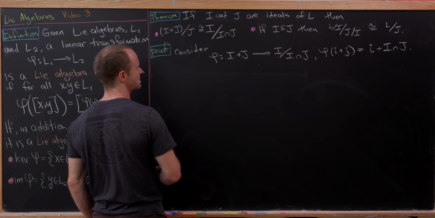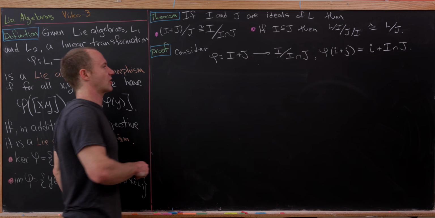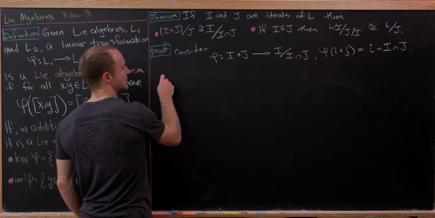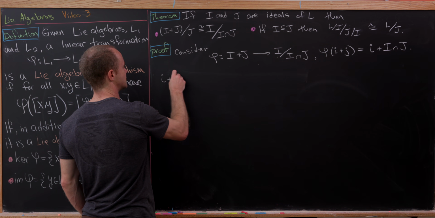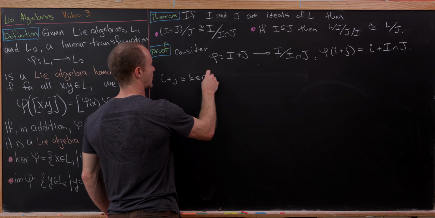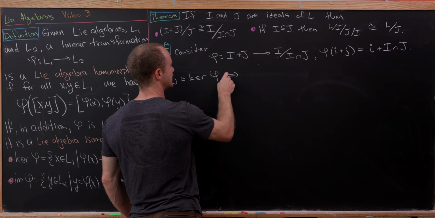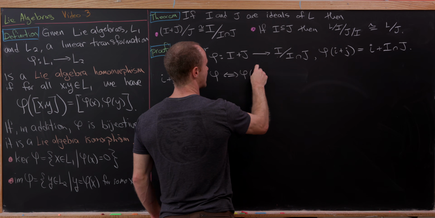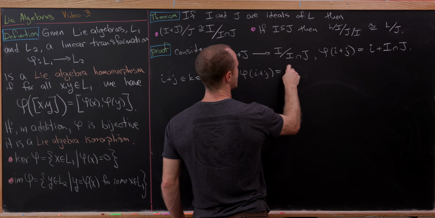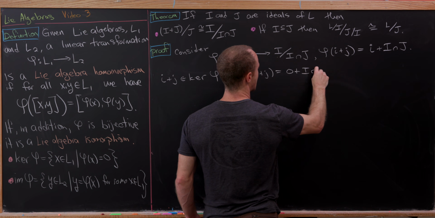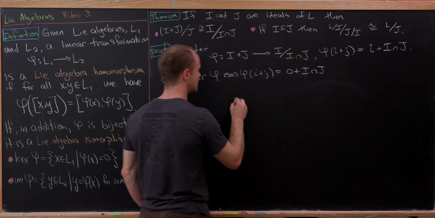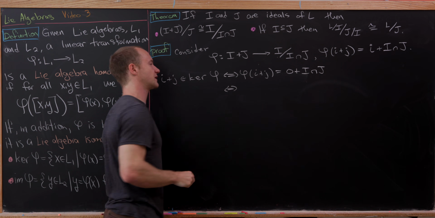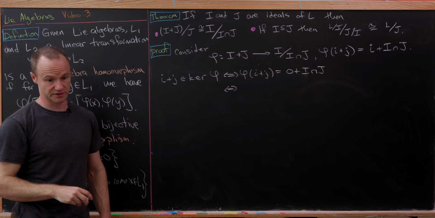Okay, so let's analyze the kernel. Notice that i plus j is inside of the kernel of phi if and only if phi of i plus j equals 0 plus I intersect J. Something's in the kernel if and only if it gets mapped to the 0 vector.